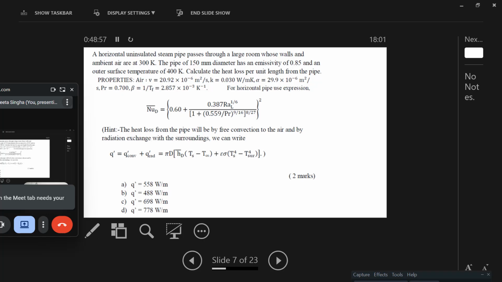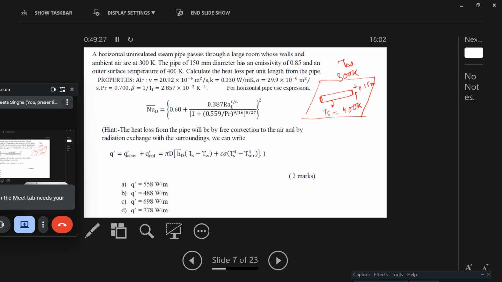So the large room is at 300 Kelvin, that means T infinity, and the pipe has a temperature of 400 Kelvin. Then the diameter is around 0.15 meter for this pipe.